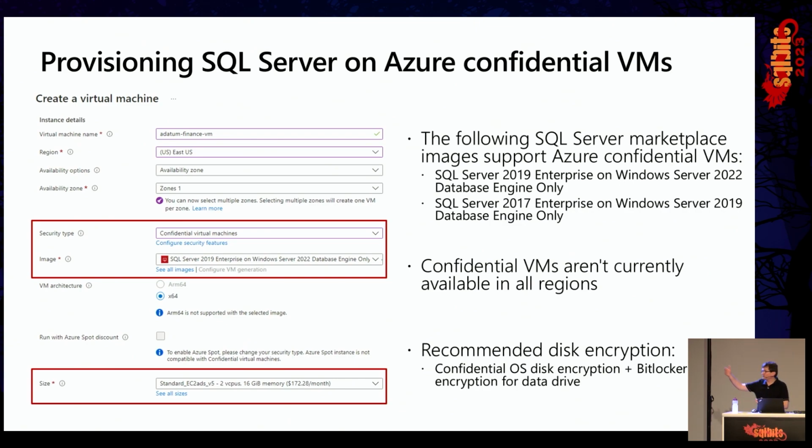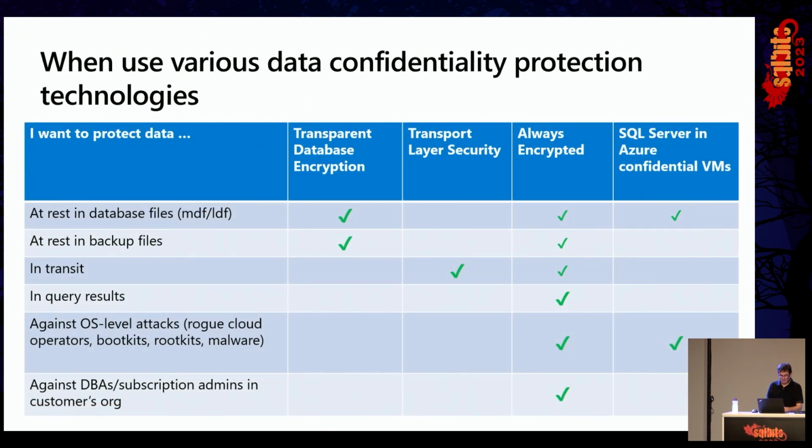And of course, you need to select a specific VM size that runs on AMD hardware and has confidential VM capabilities enabled. So it's the same workflow for configuring SQL Server in a confidential VM as in a traditional VM, with a couple of minor tweaks.